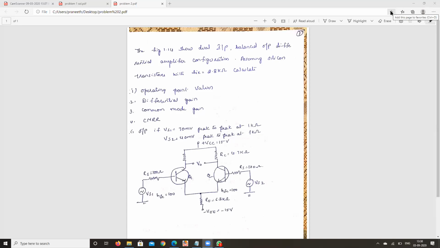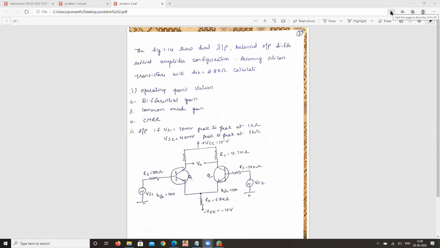Are you listening to me? Can you hear me? So coming to the first point, calculating operating point values. This is just similar to your previous problem. Don't worry by seeing this. If you want to calculate your operating point, there is no need of considering AC values. That means the AC signals VS1 and VS2, HFE, HIE are not needed.